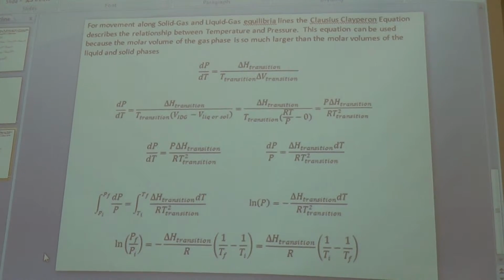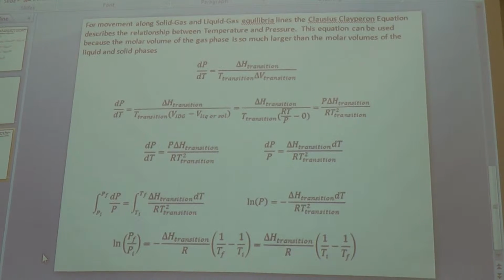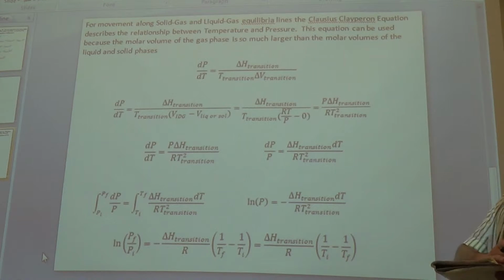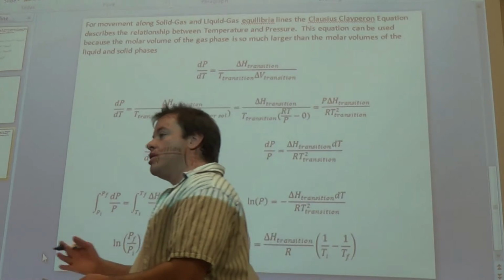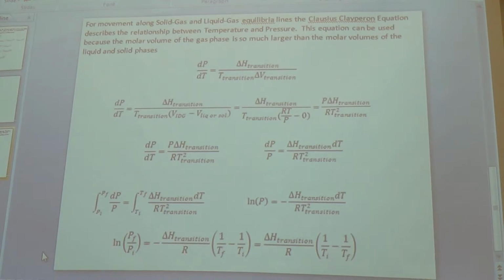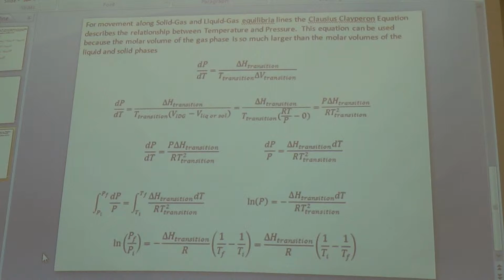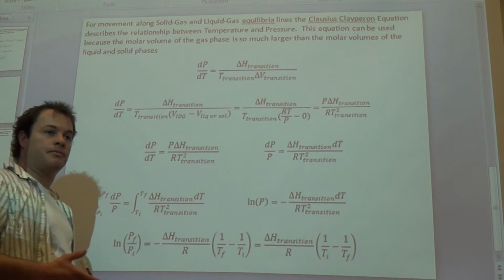So assume that initial pressure is 1 atmosphere for the normal boiling point. Normal boiling points are always defined as the temperature at which a substance under 1 atmosphere of external pressure reaches its equilibrium. So your P initial is going to be 1 atmosphere, and your P final is going to be whatever that vapor pressure ends up being when you change the temperature to the final value.